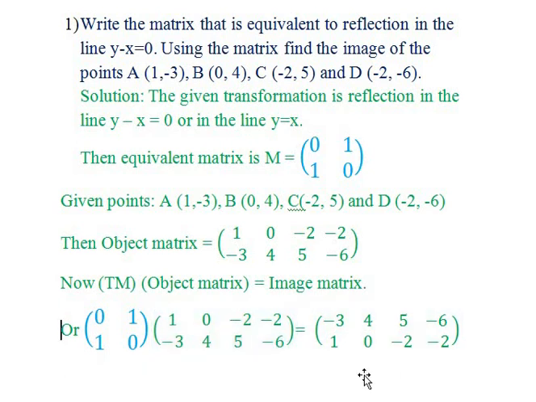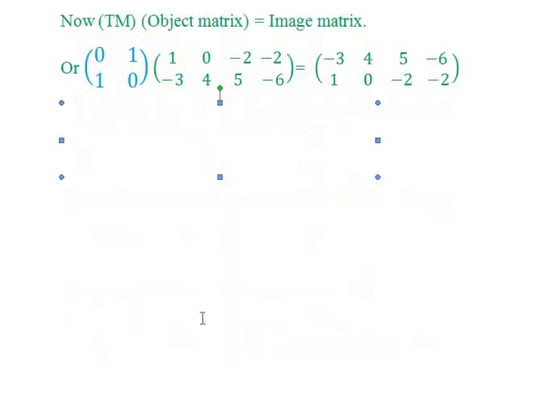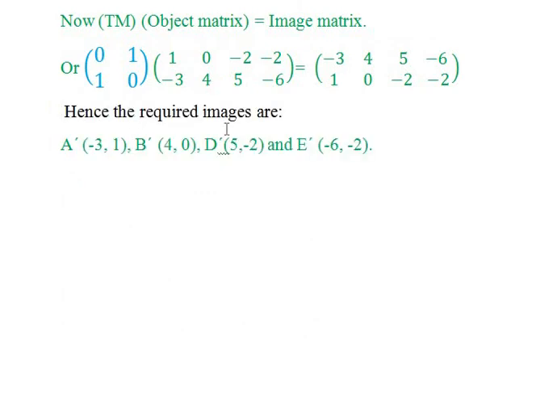Okay, so now we have another result. So the required images are, this is the coordinates of A, so the corresponding image is minus 3, 1.